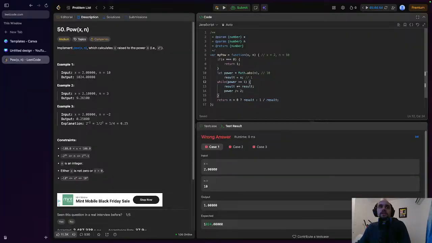Power is 10. Result is result times result, which is... 2. So if we store 4, and power divided by 2 is 5. And then is power greater than 1? Yes, it is. So result becomes 4 times 4, which is 16. And then power becomes 2.5. Still greater than.